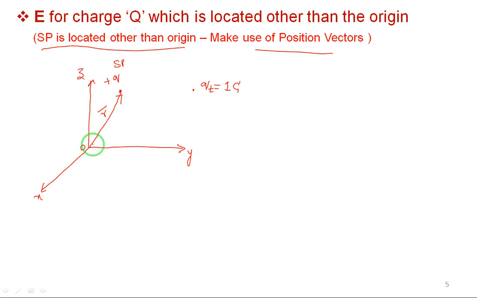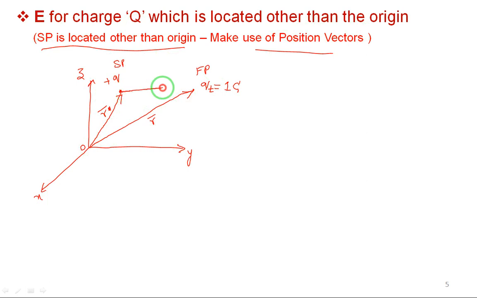Okay, then from origin, this field point, it is located at some distance. Let me take this as r dash, and for this field point let me take this as r, anywhere r dash or r, doesn't matter.